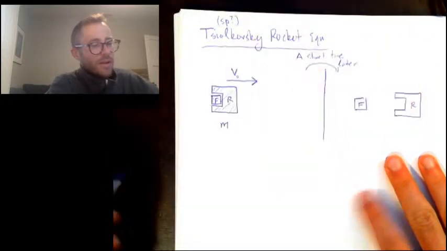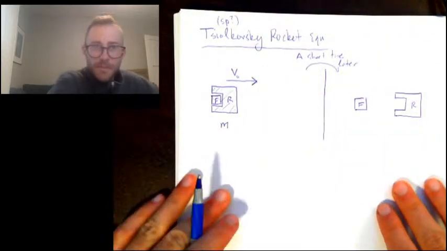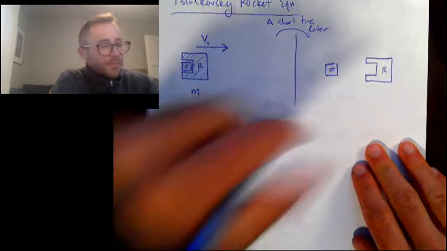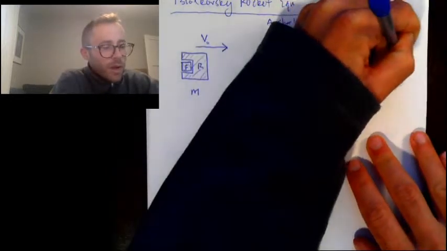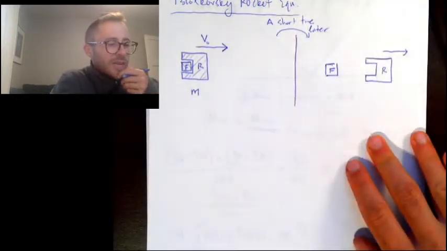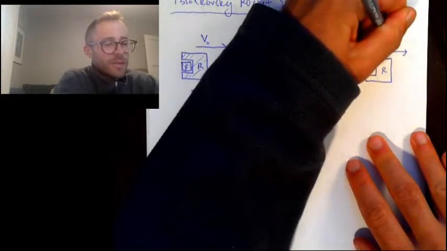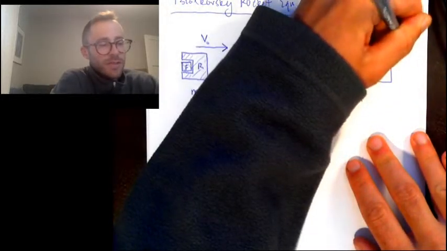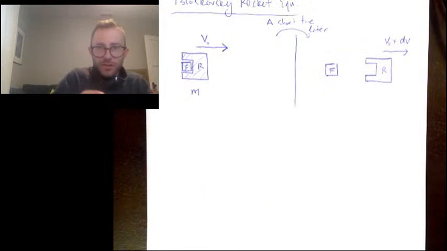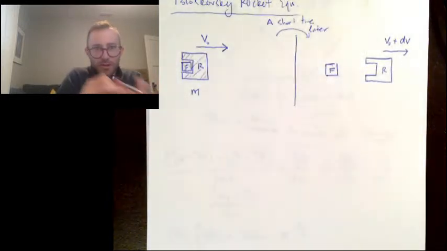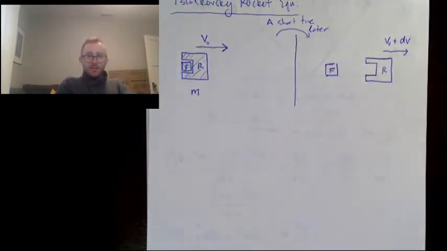And as a result of that, the rocket now has a speed v initial plus dv, where dv is a small number that represents how much the velocity increased over that short time interval.